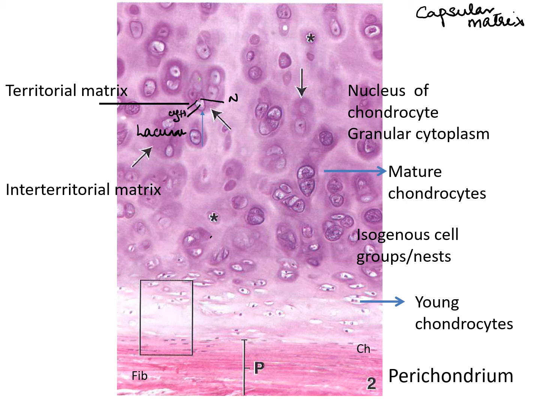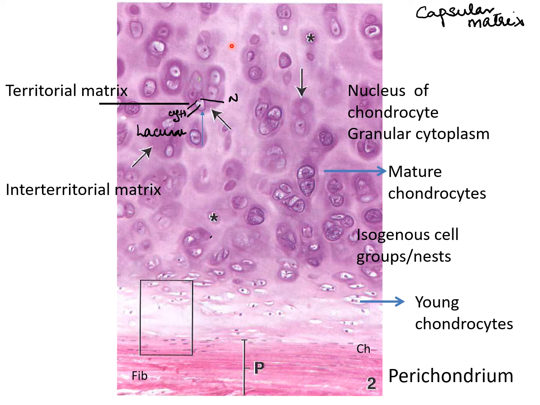Okay. Now furthermore, if you move further across this area, this has a lower concentration of sulfated glycosaminoglycans as compared to the capsular or the pericellular matrix, and this area is known as the territorial matrix. This is surrounding a group of isogenous cell clusters in this particular case, but even in a singly placed cell, you may see a darker region around the cell which is known as the territorial matrix.